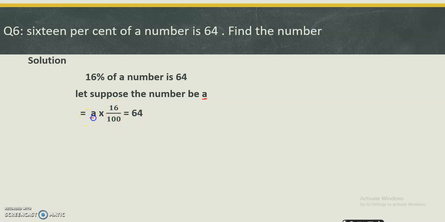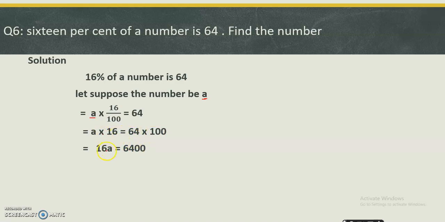We have to find the value of A. So first we transpose this 100 to the right hand side. Here this 100 is divided by 16, and when we transpose it to the right hand side, it will be multiplied by 100. So A multiplied by 16 is equal to 64 multiplied by 100.